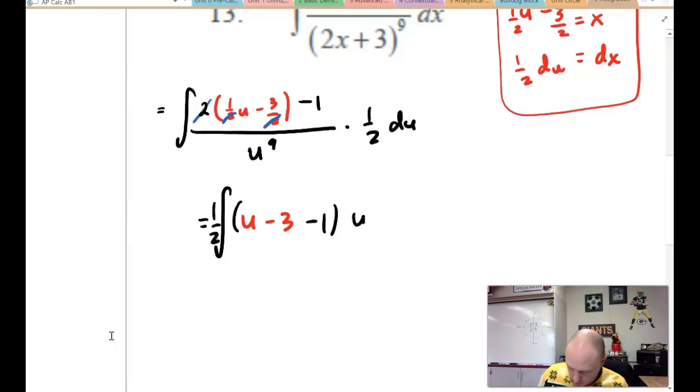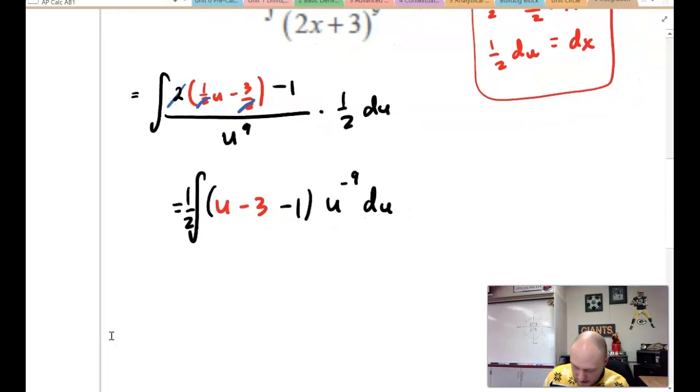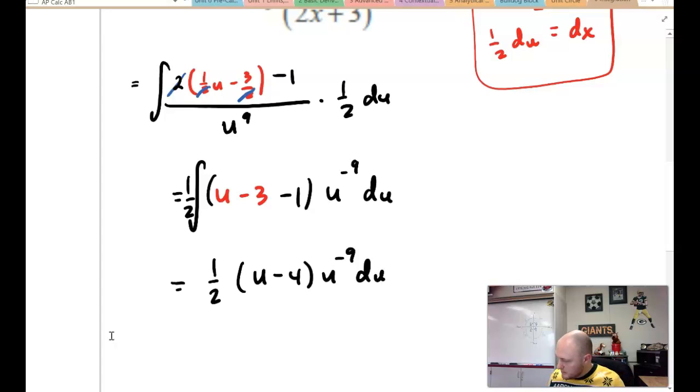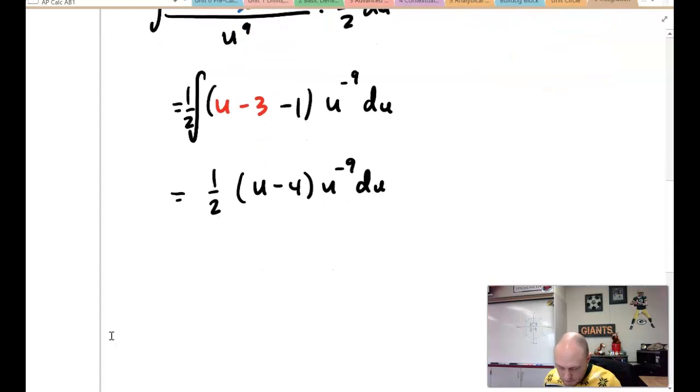And then that u to the power of 9, we'll bring it up. So du. Okay, kind of cleaned house, reorganized. And let me make one last computation. This is u minus 4 times u to the power of negative 9 du. Okay, and we're integrating, obviously.